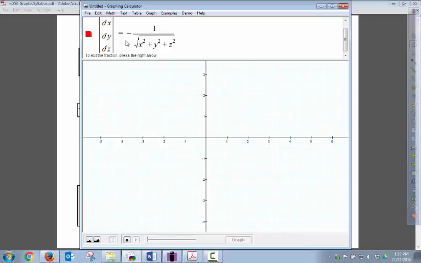So this is your denominator, and then you just have x, y, z.